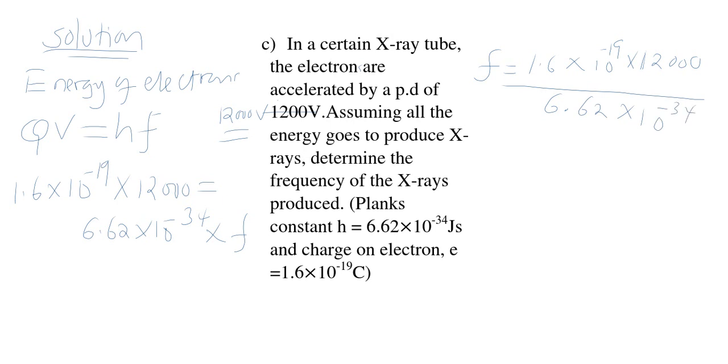When you multiply and divide using a calculator, you will get the frequency f equals 2.9 times 10 power 18 hertz. So you have to express the frequency in its SI units. So our answer will be 2.9 times 10 power 18 Hz.